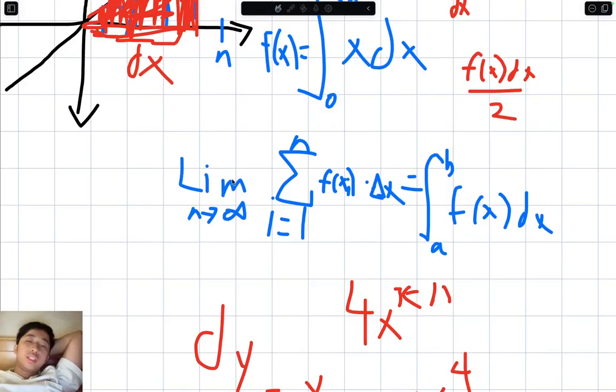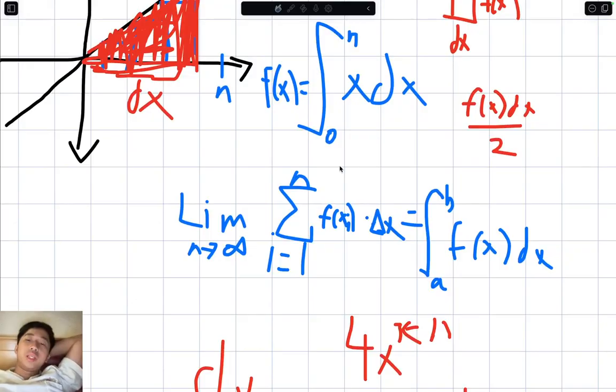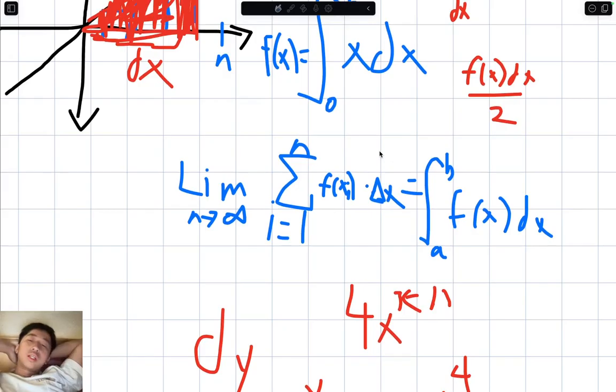So the limit as n approaches infinity, where n is the upper bound, of the sum from i equals 1 of f of xi times the change in x, where xi are specific values, and I'm pretty sure delta x equals b minus a over n. And the change in x should be the change in xi, where they're so small in distance.